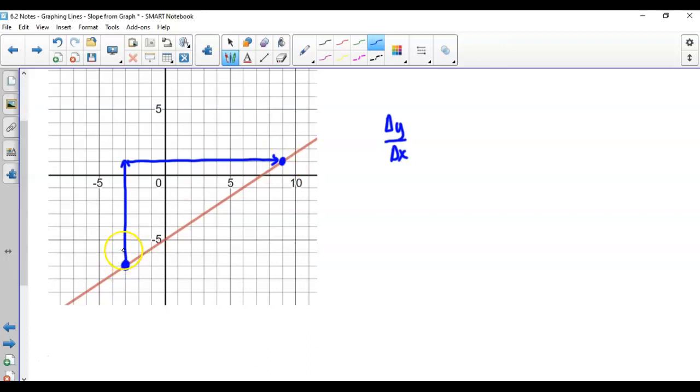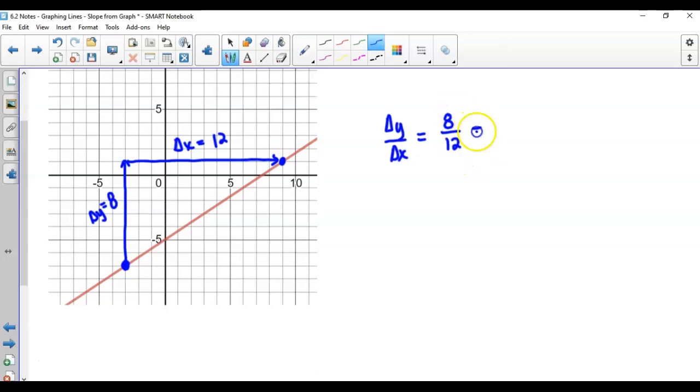And so that is a change in y of 1, 2, 3, 4, 5, 6, 7, 8. And it is a change in x of 1, 2, 3, 4, 5, 6, 7, 8, 9, 10, 11, 12. Okay, so my change in y over change in x is 8 over 12. But 8 over 12 will reduce.